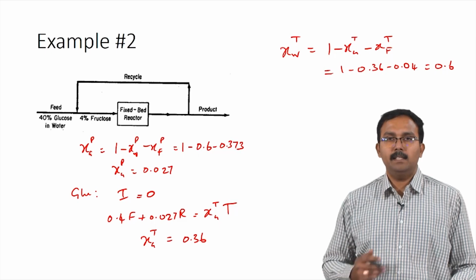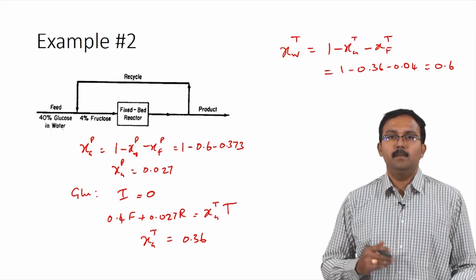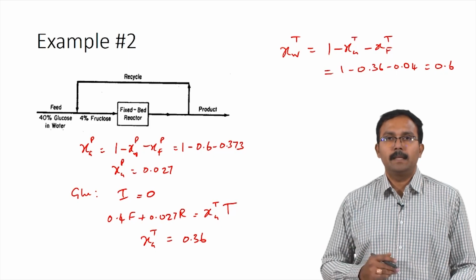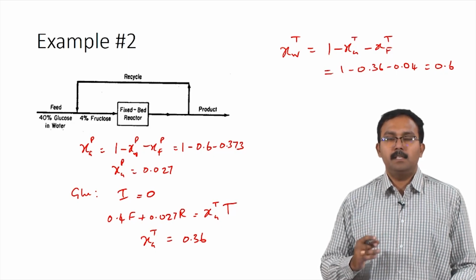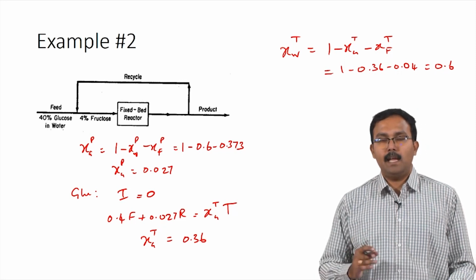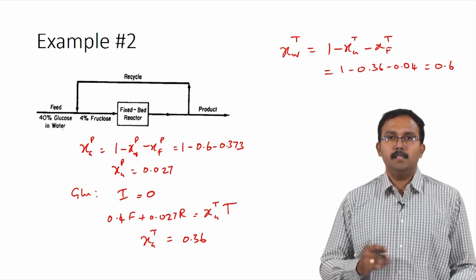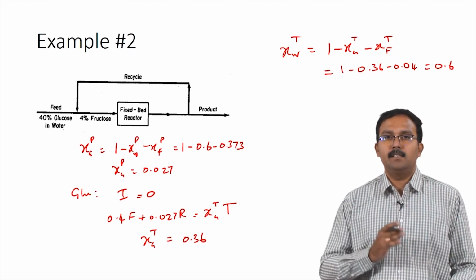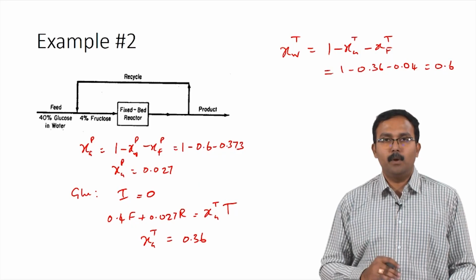We still need to calculate the single pass conversion for the system. For calculating the single pass conversion, we need to identify an appropriate system to study. The appropriate system would have to allow the reactants to pass through the reactor only once. This means we need to ensure that the total feed is what is crossing the system boundary.